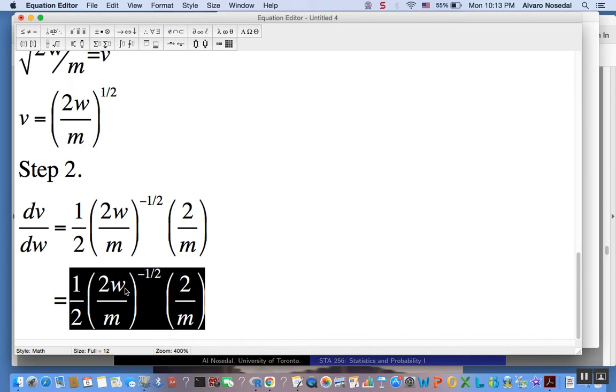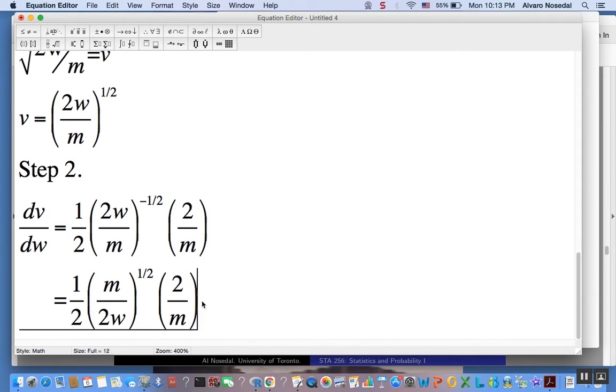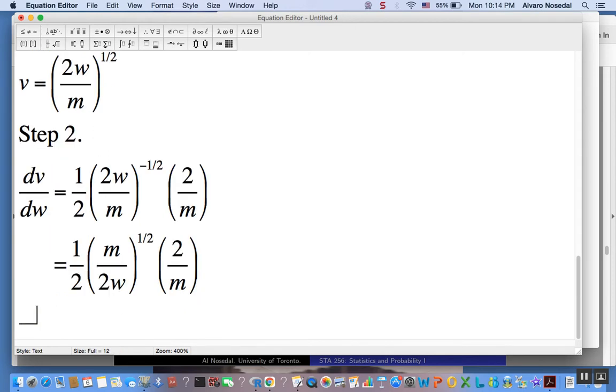So what we have here is m divided by 2w, to the power of 1/2, which is just the square root. Let me just rewrite it here like this.